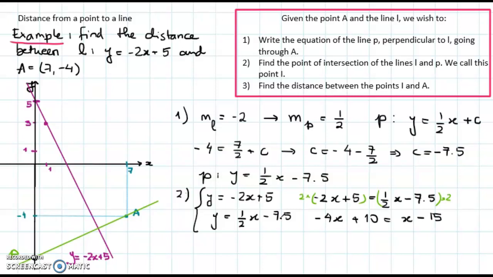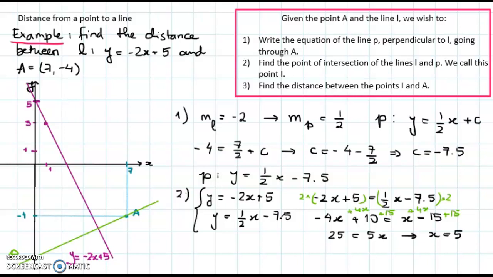If I add 4x on both sides, and I also add 15 on both sides, then we are going to have that 25 is equal to 5x, so this means that x is equal to 5.